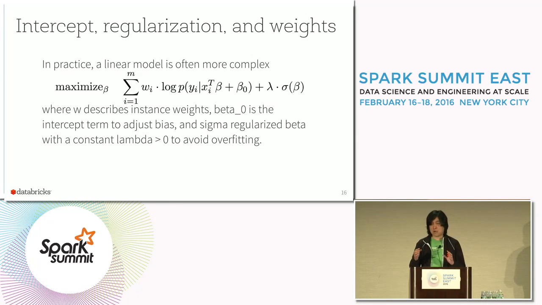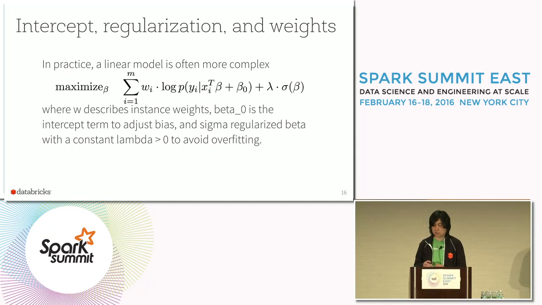Inside the log likelihood function, we also have the beta 0. It's basically trying to adjust the bias of your estimate. Otherwise, think about the chart we showed initially: the line must go through the origin. It won't fit all the models. This beta 0 term is just called the intercept term. Also, on the right side, we have this regularization term, and it's very important to avoid overfitting.